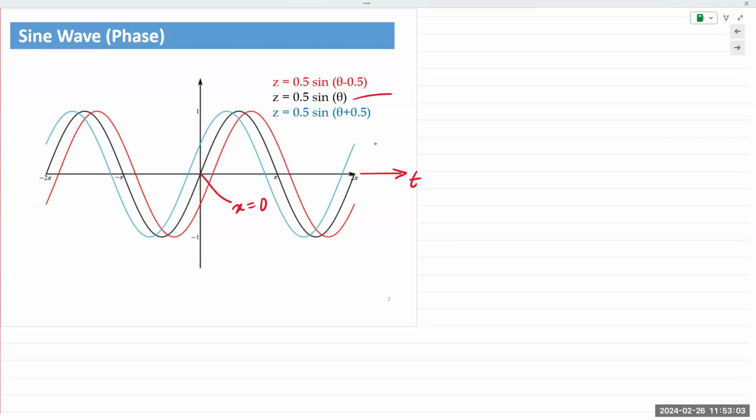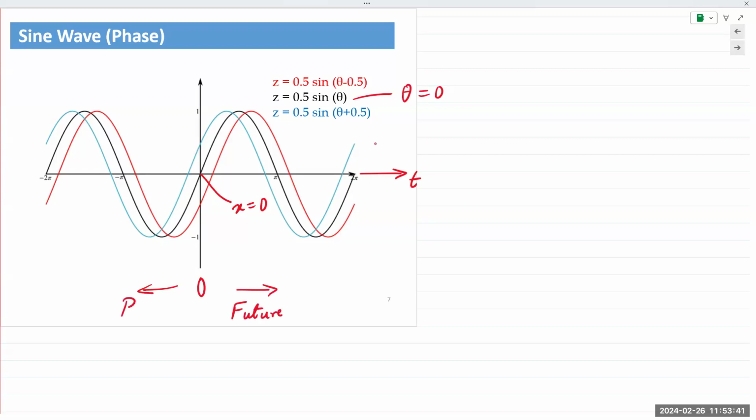So theta is 0. If you look at the waveform in blue, the waveform in blue and the waveform in red are crossing the x-axis at different points in time. If we consider the y-axis as a reference point as 0, when time is equal to 0, these are all positive values on the right.